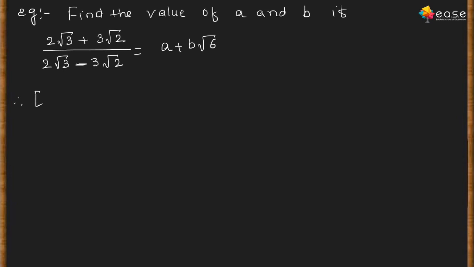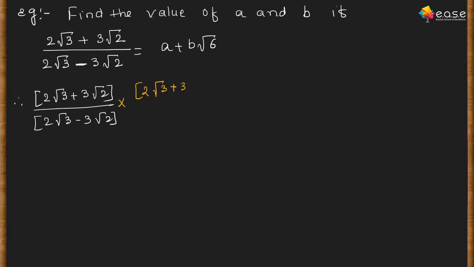So this will be 2 root 3 plus 3 root 2 divided by 2 root 3 minus 3 root 2, which we multiply by 2 root 3 plus 3 root 2 divided by the same thing, 2 root 3 plus 3 root 2.